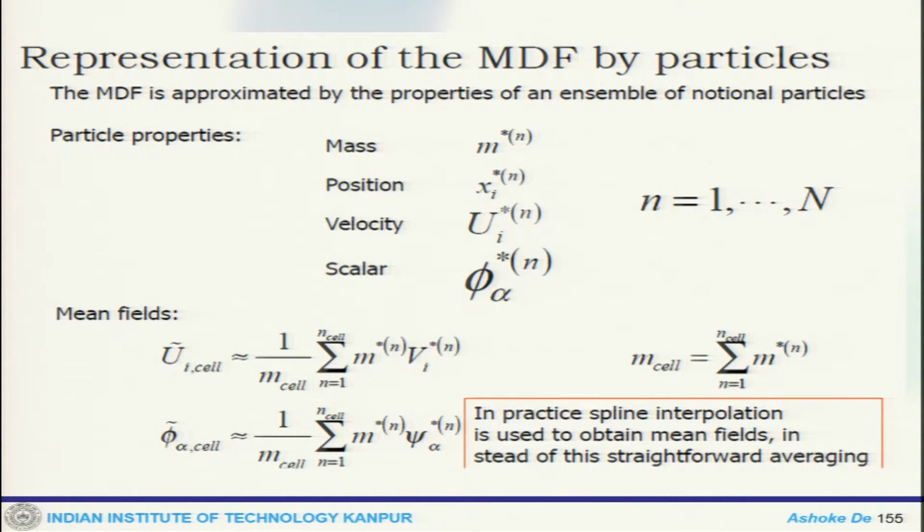Now, when you look at the mass density function by particles for the velocity-scalar PDF, you have some notional particles, and a number of notional particles in each cell. They have a certain mass, they will be at a position, there will be some velocity and there will be some scalar.